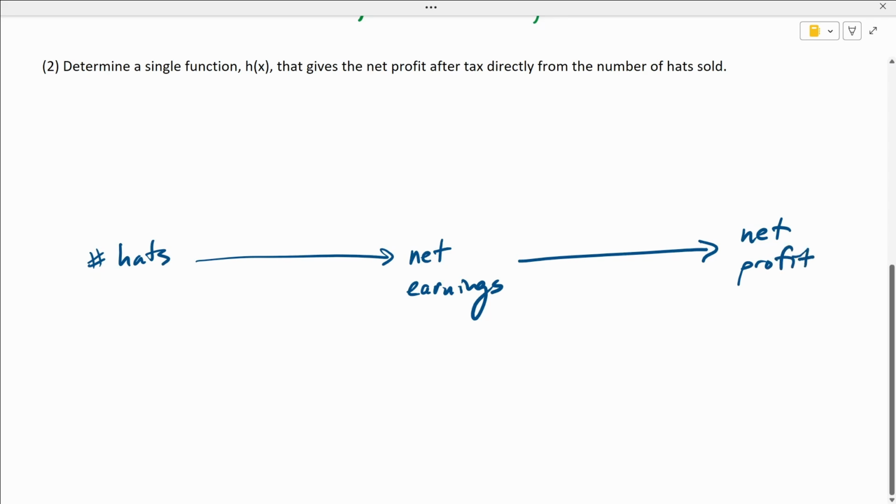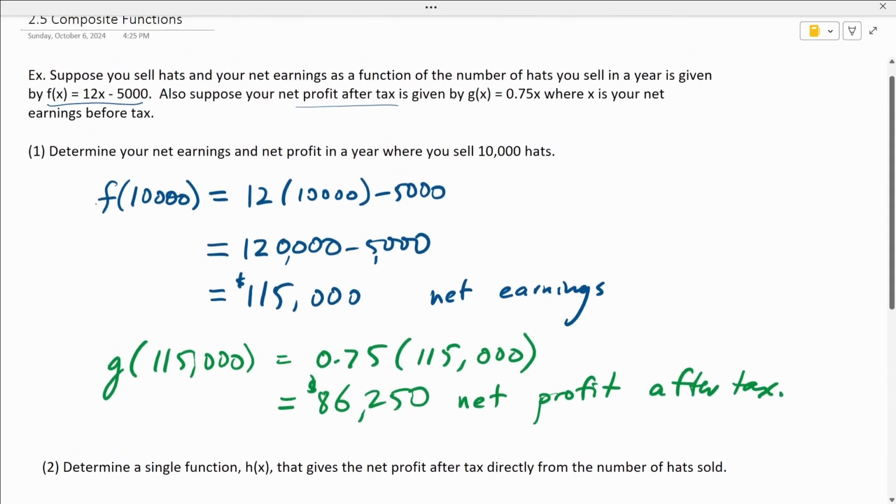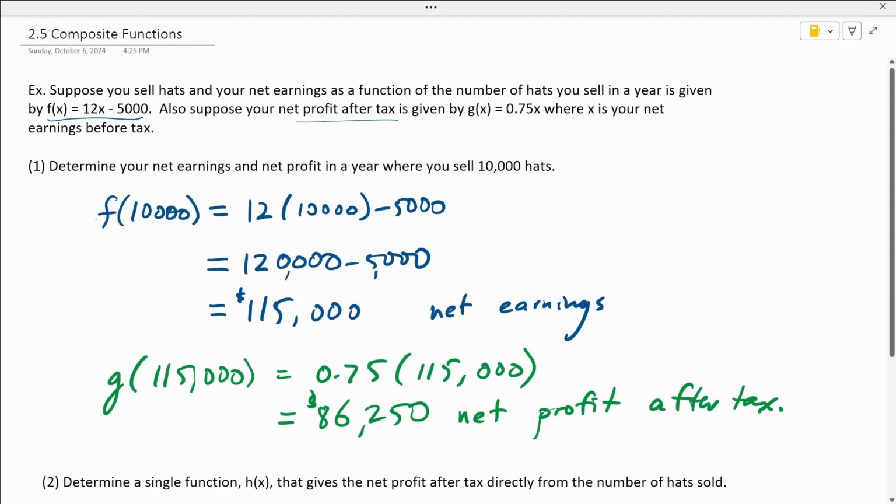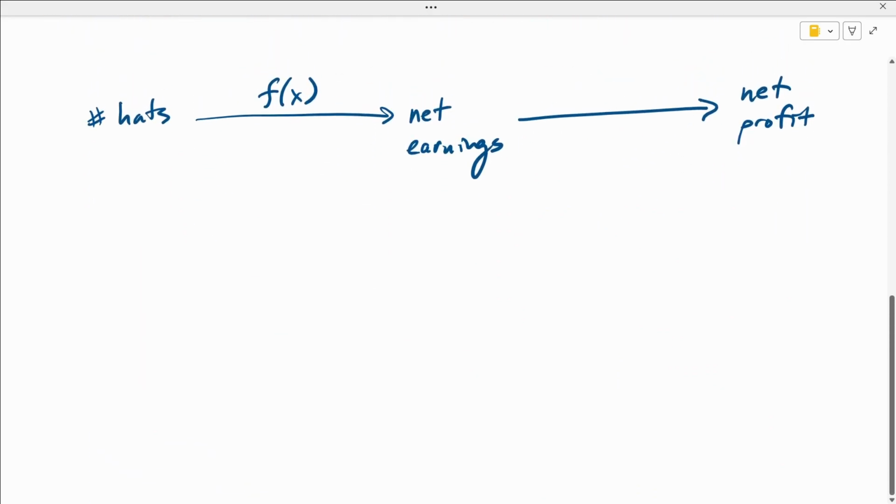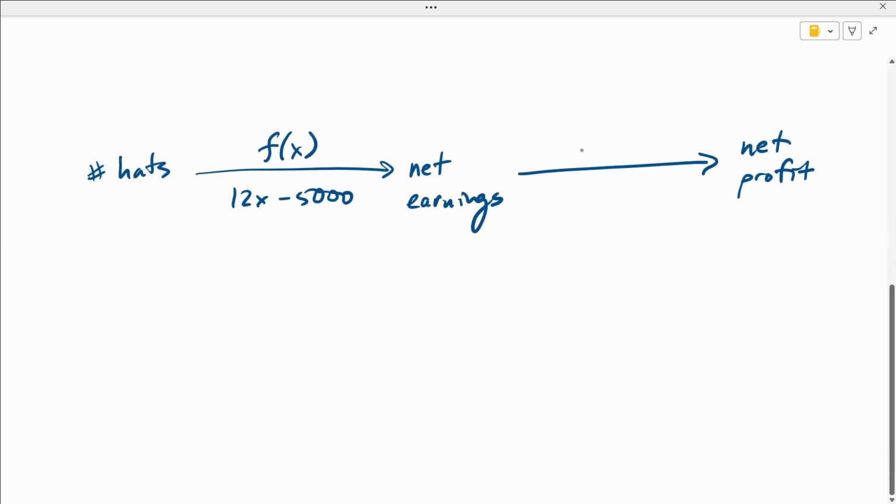Okay, and we have a function that takes us from the number of hats to the net earnings, right? We're told what the relationship is. It's 12x minus 5,000. And we're also told what the function is to go from net earnings to net profit. It's 0.75 times the net earnings.